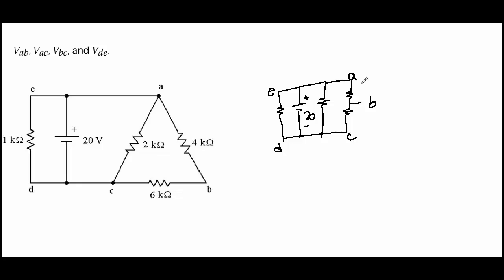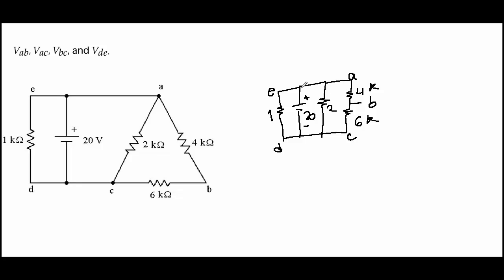So now this one is 4 kilo ohms, and this one is 6 kilo ohms, while this one is 2 and this one is 1 kilo ohm. So what's this voltage?